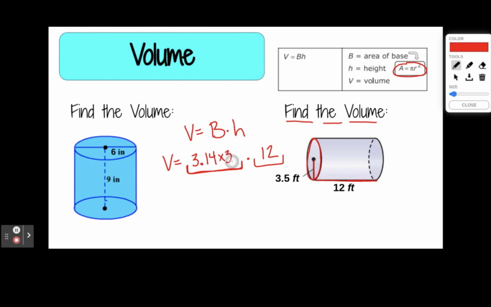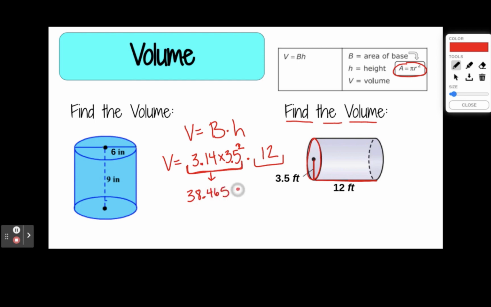So 3.5 squared. Now you could just type in all of this in your calculator, 3.14 times 3.5 squared times 12. You absolutely could. I'm going to first do just the area of the base. So if I do 3.14 times 3.5 squared, the calculator says 38.465.